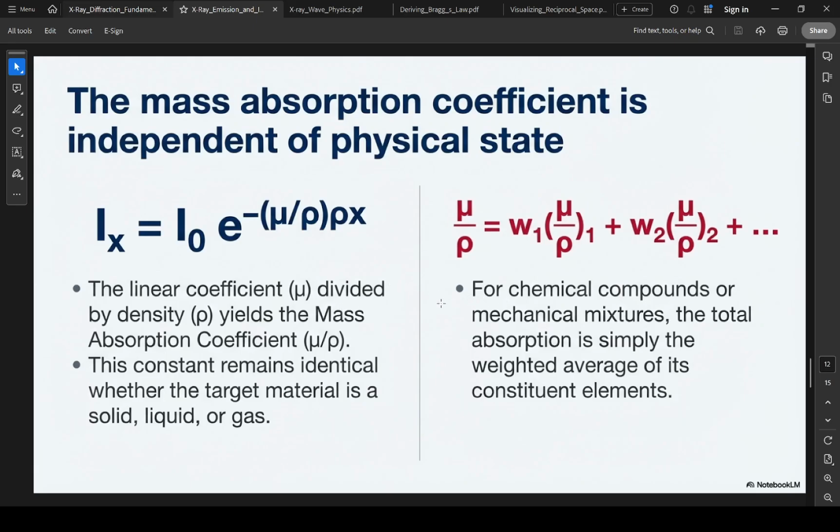And if you have a mixture or a chemical compound, then this mass absorption coefficient is simply the weighted average of each individual element.